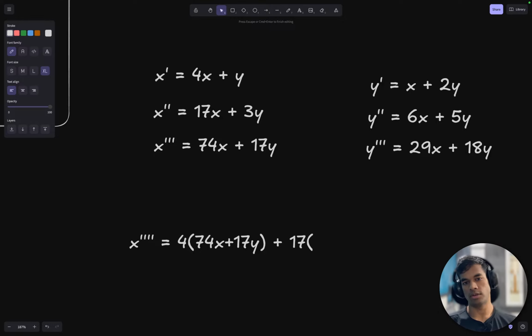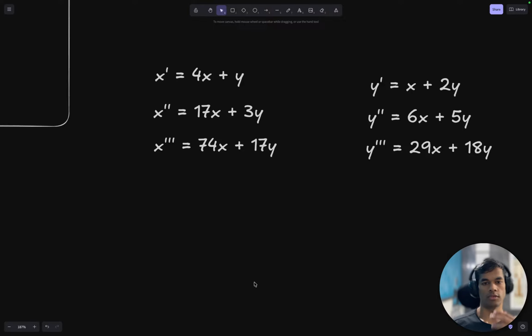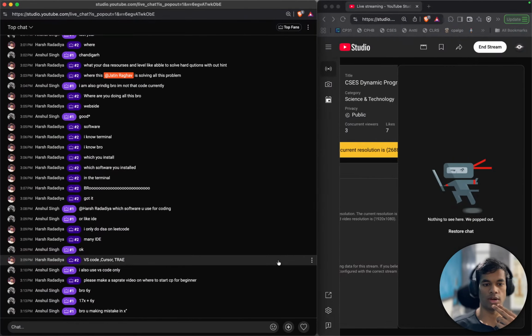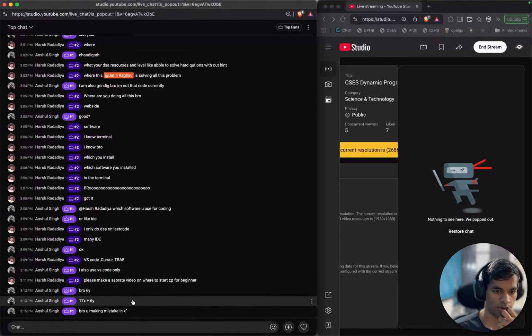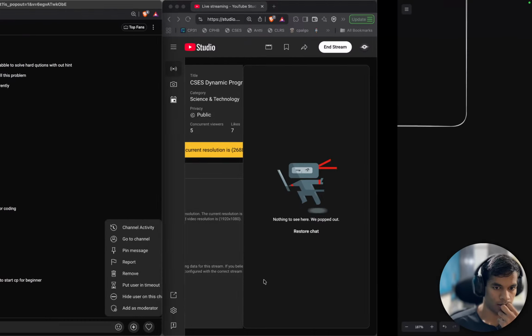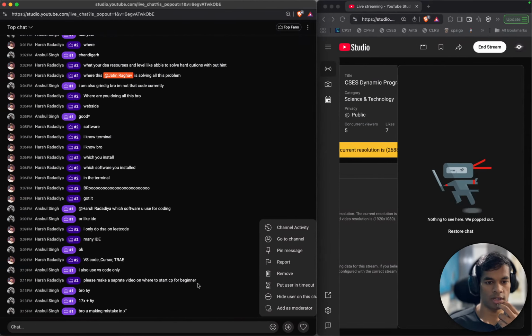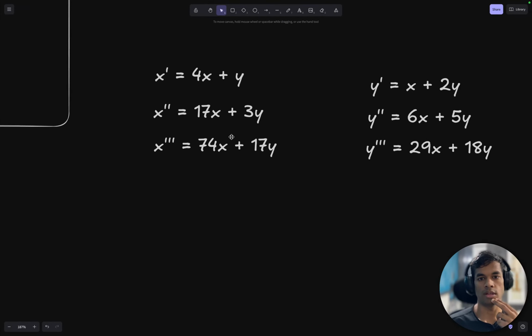It is depending on the last x and y values. Okay, I don't know how to calculate the next formula. 17 plus 6y, this one.